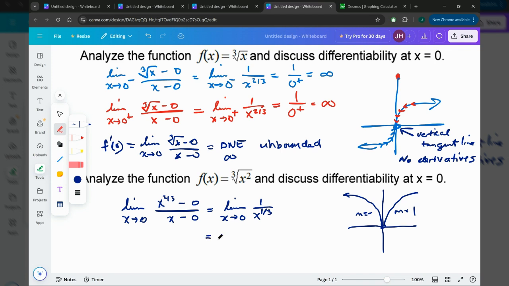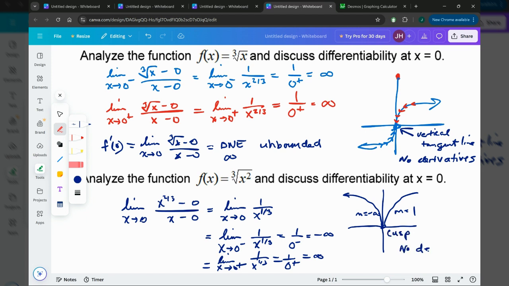If I were to do the limit from the left as x approached 0 from the negative side, this would be 1 over a negative number, and you're taking the cube root, it would be negative, or it'd be 1 over a negative 0. This would be negative infinity. This side approaches negative infinity. The right-hand side, we're going to do the same thing. It approaches positive infinity. So at a cusp, there is no derivative.